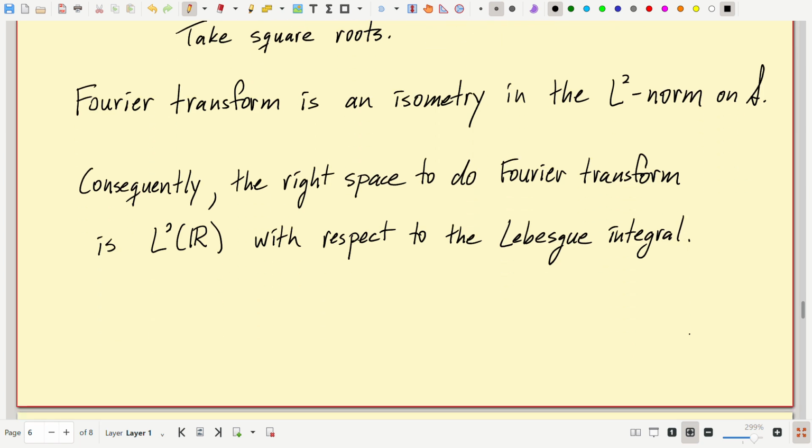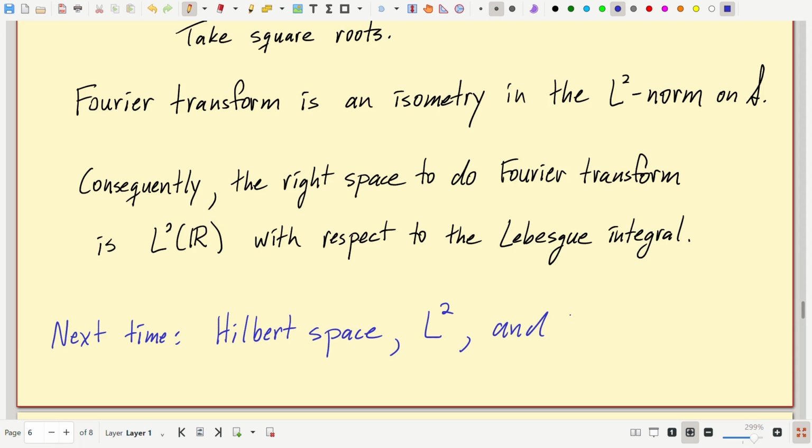So next time I'm going to talk about Hilbert space. L2 is the quintessential Hilbert space. L2 and Fourier analysis really are linked in history.